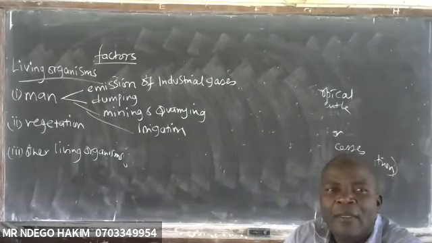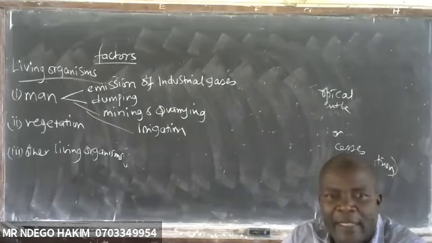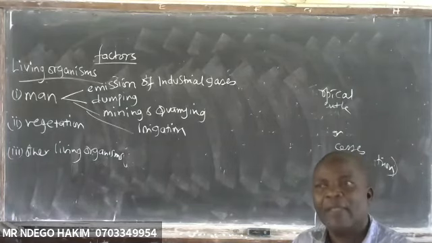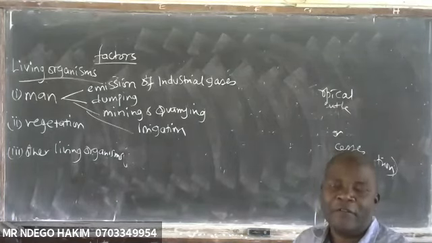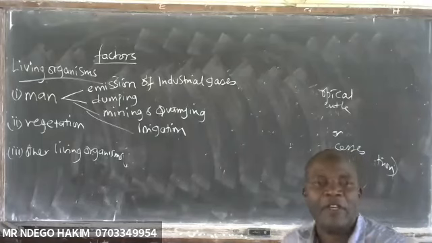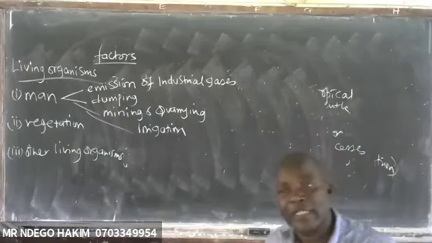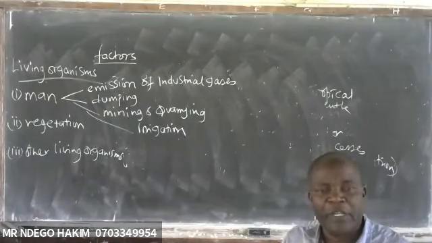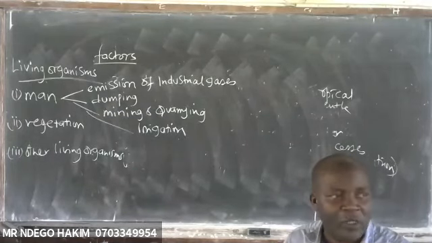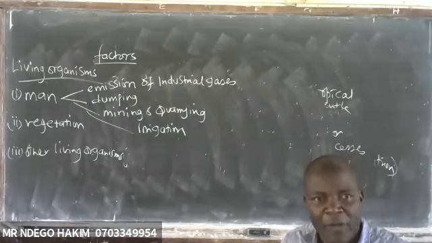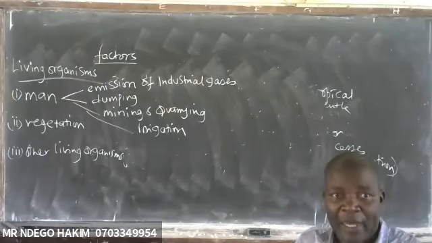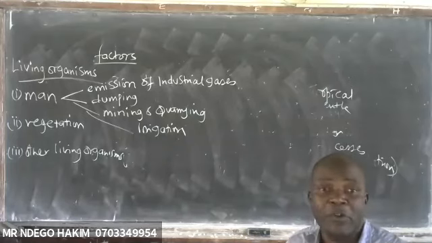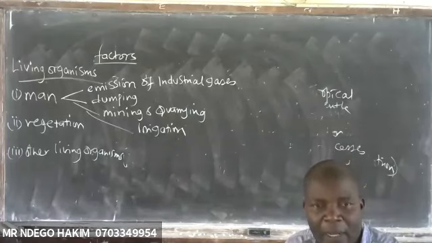Then through mining and quarrying, when man carries out mining, he clears vegetation. And vegetation is important in protecting the parent rock from excessive penetration of water. So in the process of mining and quarrying, he clears vegetation first and exposes the rock to water.